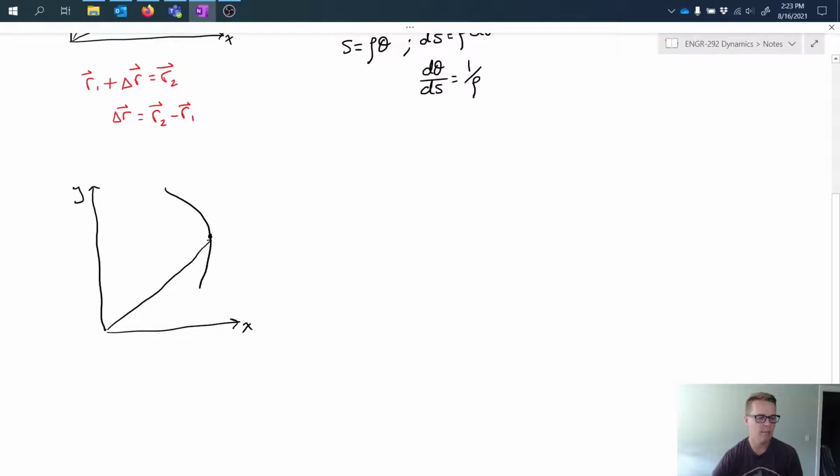It's got a position defined by r, and we know from how we define the motion of this particle that if I were no longer constraining this particle to this curved path, if I just let it go from the path, it would travel off in a straight line.